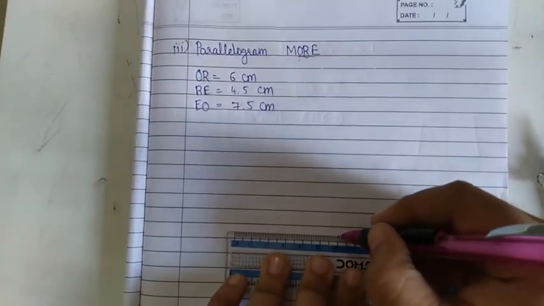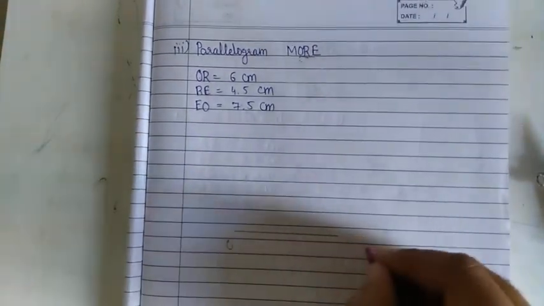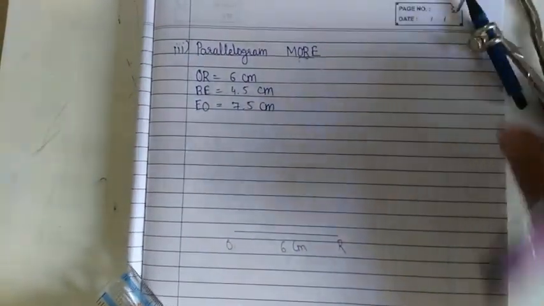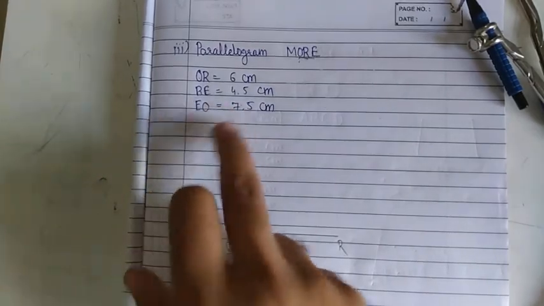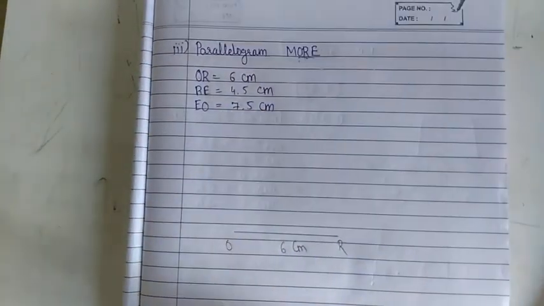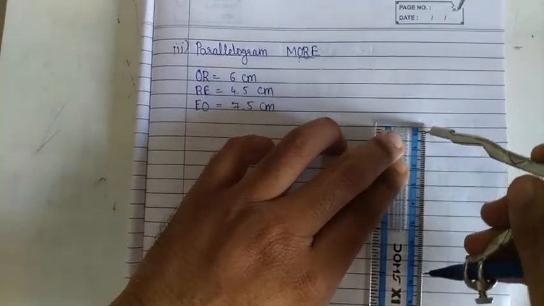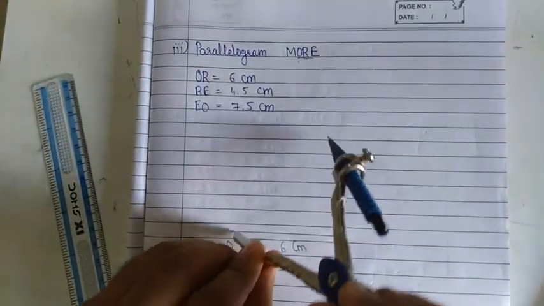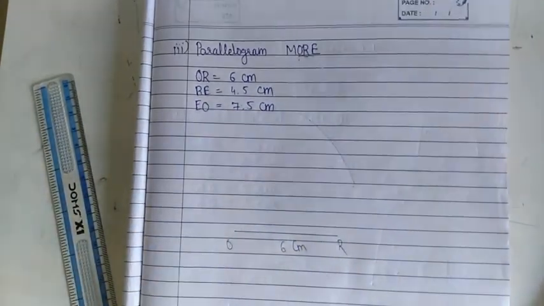Now the next step, draw the arc. Here we have the diagonal OE is 7.5, so measure 7.5 and draw the arc of 7.5.